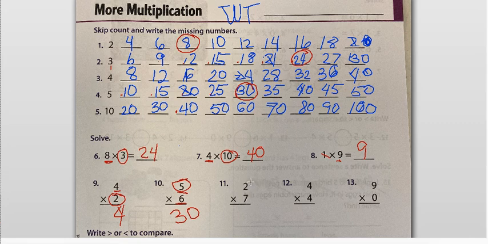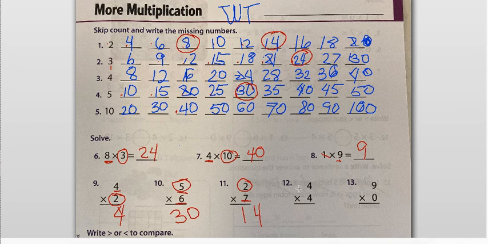Now let's circle the 2s and underline the 7. That means that we're going to stop at the 7th jump. Okay, let's skip count by 2s. That's 1, 2, 3, 4, 5, 6, 7. So we have 14.